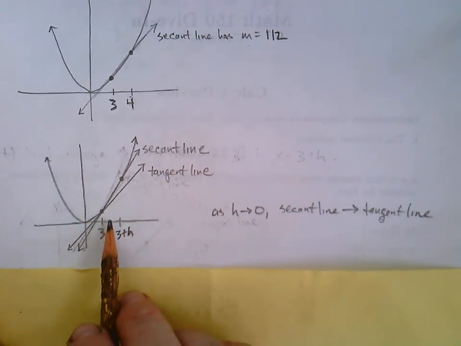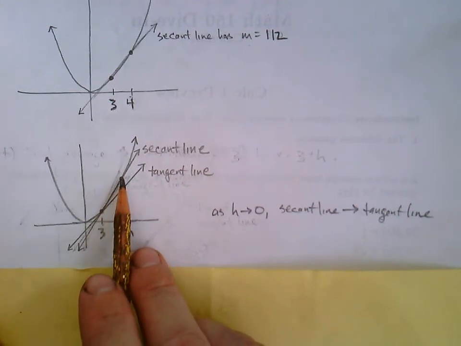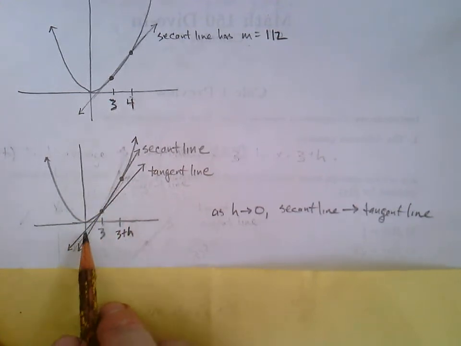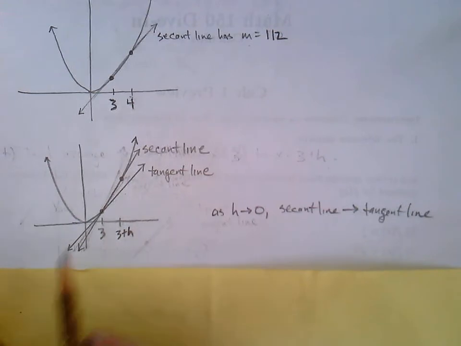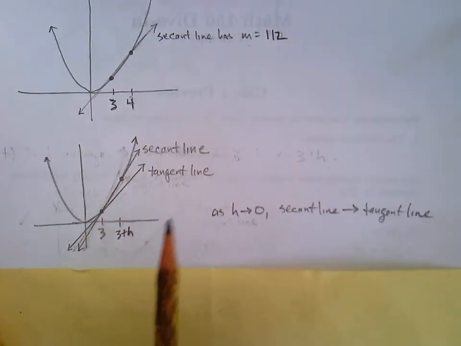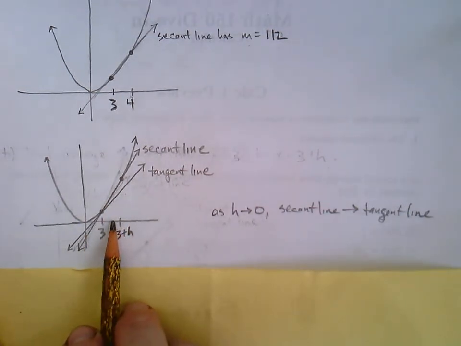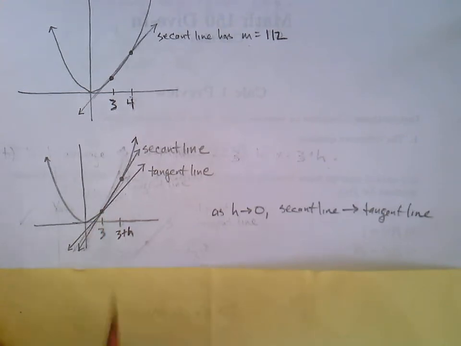As the points got closer and closer together, if this point moved back a little bit and then I drew a new secant line, I won't attempt it because I think it would just get too messy. But if I was to move this back a little bit, maybe halfway, actually let's do it.